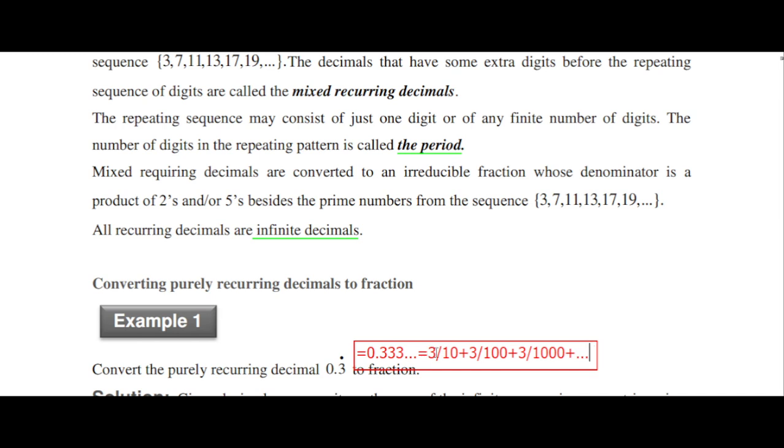So from this we have the first term 3 over 10. The common ratio R here is 1 over 10. In the numerator we have the same term, 3, and in the denominator we have 10 times 10, 100, times 10, 1000. So the common ratio R will be 1 over 10. This is equal to the sum of this.